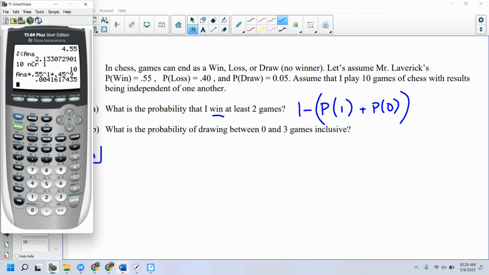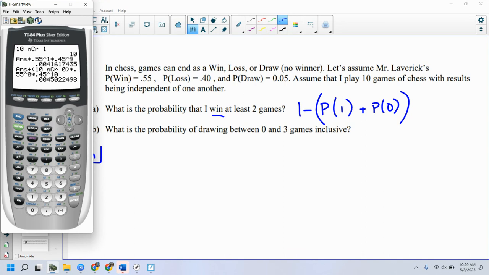Okay, it's probability of 1 plus probability of 0. Okay, math. Oops, sorry, I forgot to put in my 10. 10C0 times 0.55 to the 0. I guess I could have just left that out. Times 0.45 to the 10.